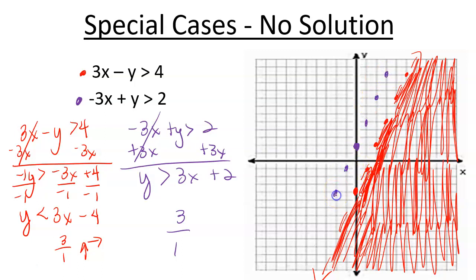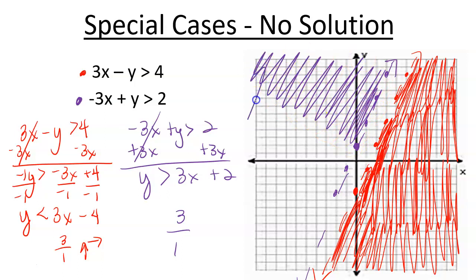So hopefully you're noticing that this is going to create parallel lines. This one is going to be dashed again because it's not or equal to. And this one's greater than. So greater than is shade above. So above is going to be over here.